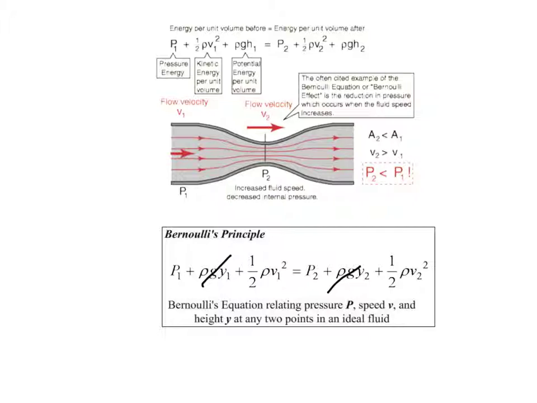Or if it moves along and moves up onto a platform, something like this here, then we would be able to count the potential energy down at the bottom as 0, and we could include it at the top up there. So really, you've got to get it into your head that Bernoulli's principle is just an expression of the conservation of energy. And these are just now more expressions for different types of potential energy. It's fluid potential energy and fluid kinetic energy.